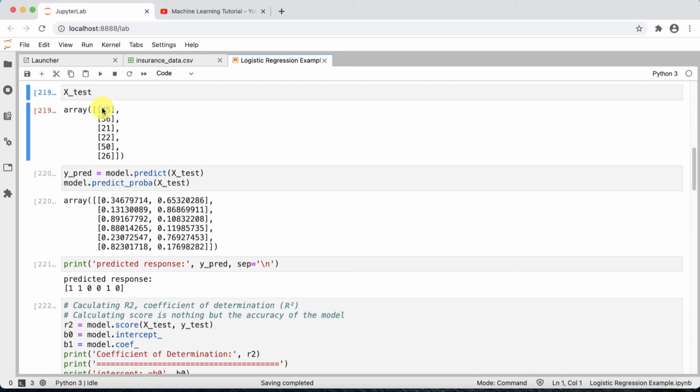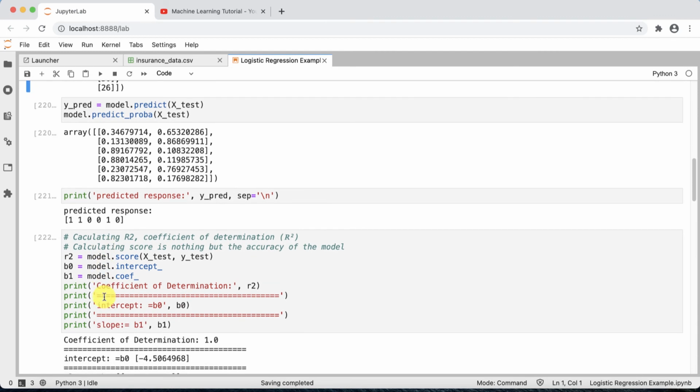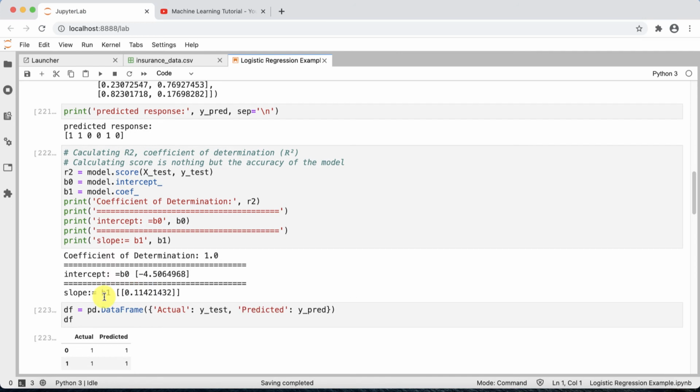It means if the person is 45 years old, then he bought the insurance, that's why it is 1. If the person is 56, then also he bought the insurance, that is 1. If the person is 21 years old, then he has not bought the insurance, that is 0. 22 0, 51 1, 26 0, right? So yes, my model is perfectly fine and its predicted values are perfectly fine, I can say that.